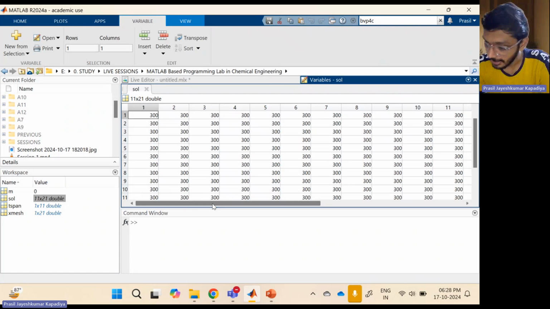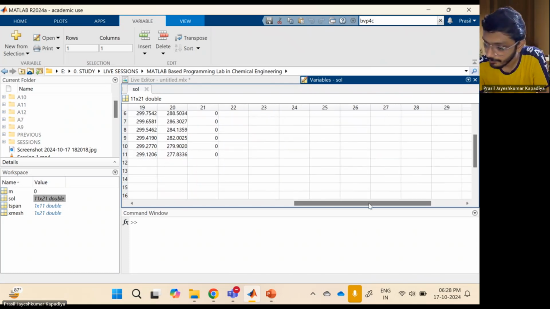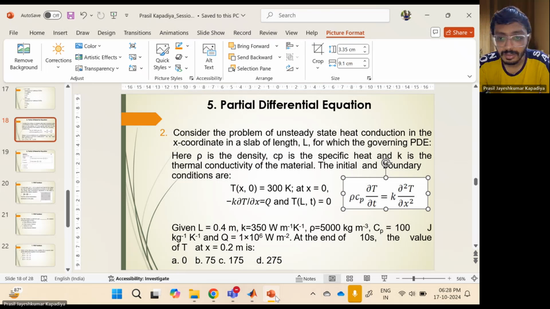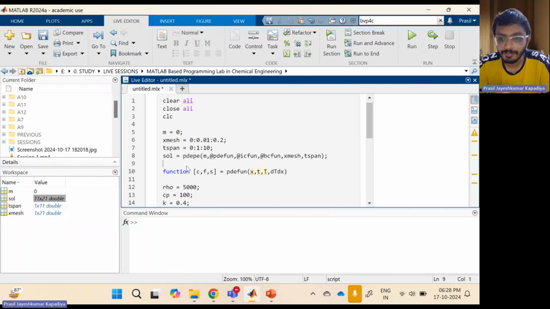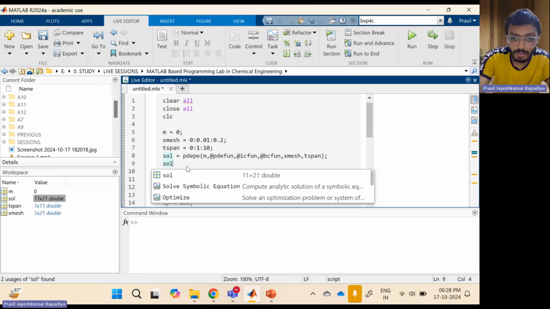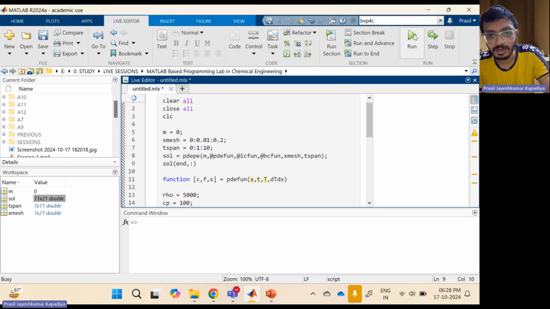So at the last time and last column, that will be my answer. It is simply the solution of the last row and all columns that will give me the answer.